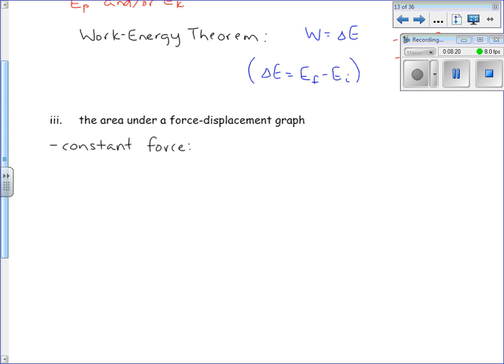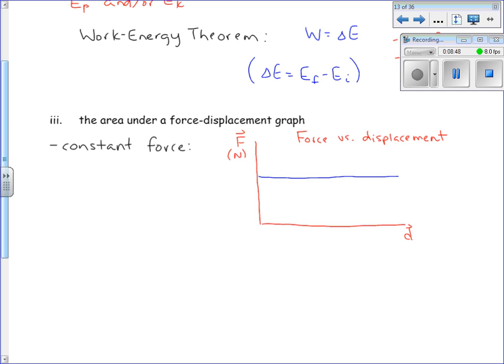If we have a constant force, then our force versus displacement graph, a constant force means that force occurs at some number of newtons, and it never changes. So this is newtons and meters.